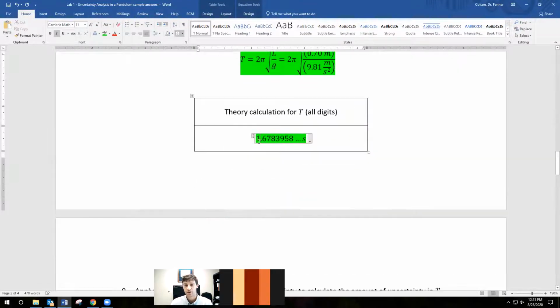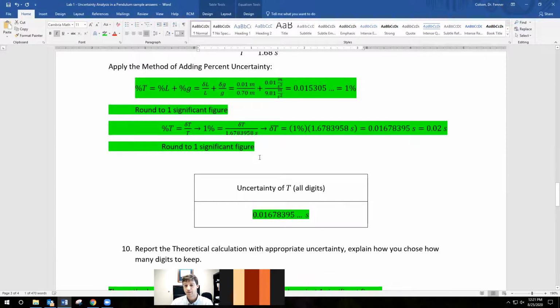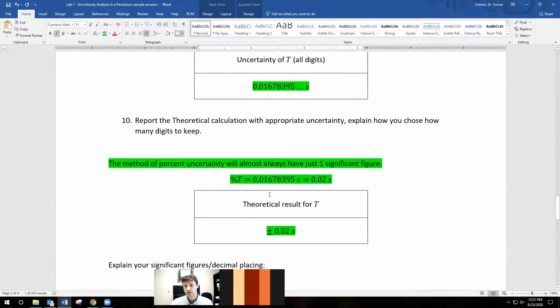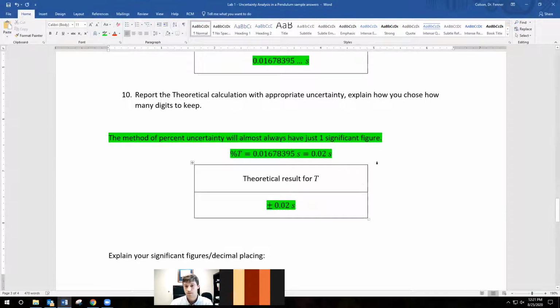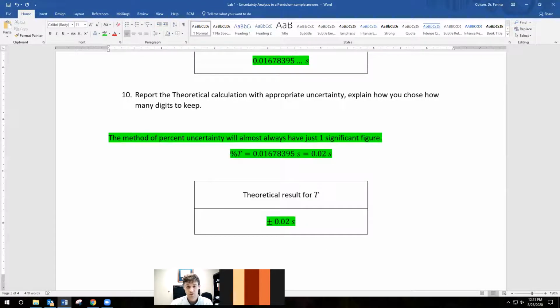1.6783958, etc. All of those digits have to match the precision level of the uncertainty. So the precision of the value has to match the precision of the uncertainty.